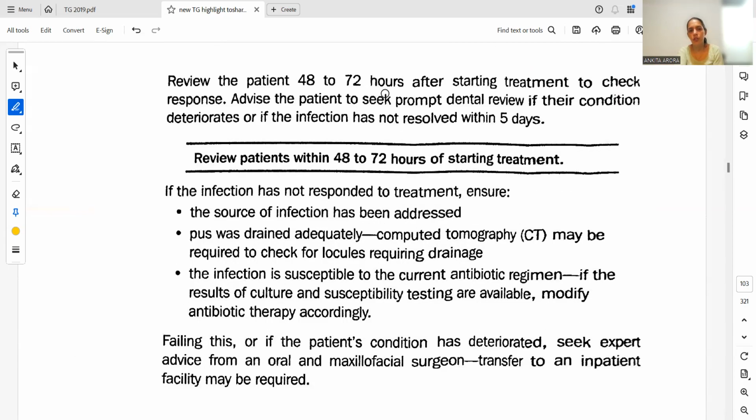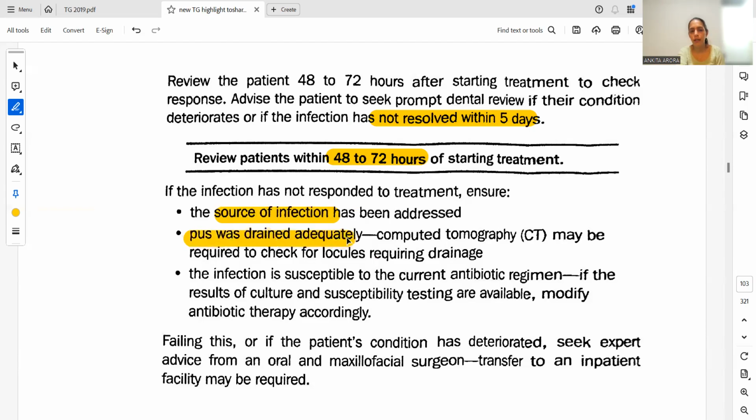Review the patient in 48 to 72 hours after starting the treatment to check the response. Advise the patient to seek prompt dental review if their condition deteriorates or if the infection has not resolved within 5 days. So the 48 to 72 hours review is very important. If the infection has not responded to the treatment, ensure the source of infection has been addressed.